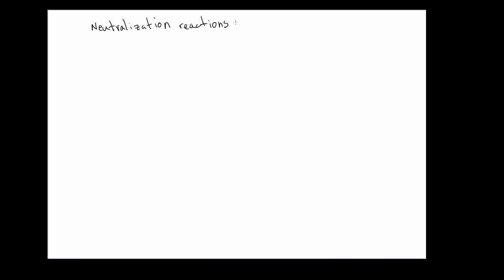All right, now the definition of a neutralization reaction is the following. So this is the reaction, and I'm going to abbreviate reaction as RXN.